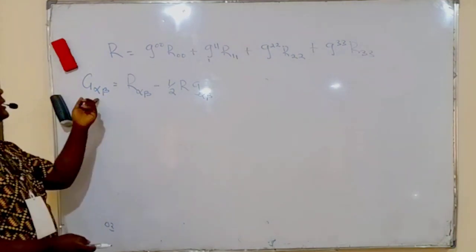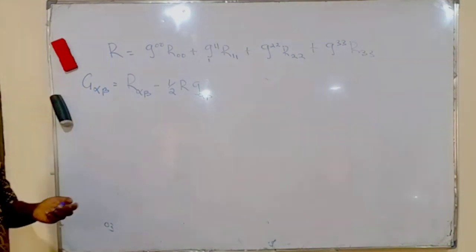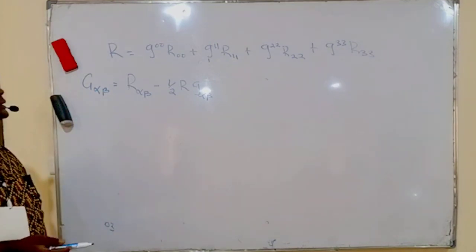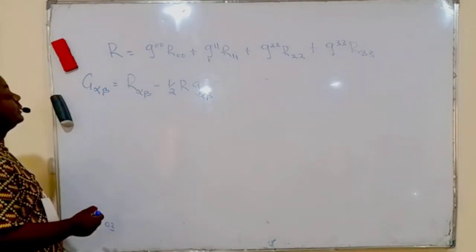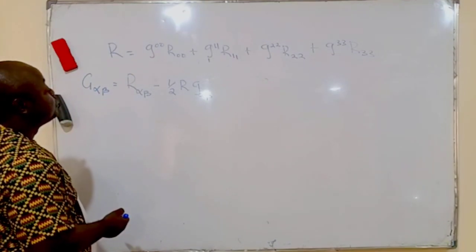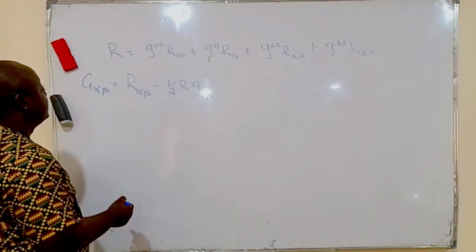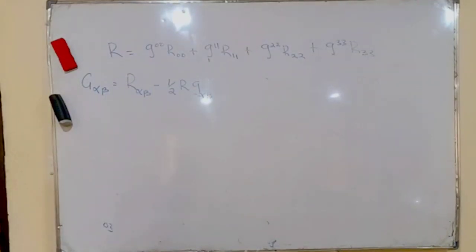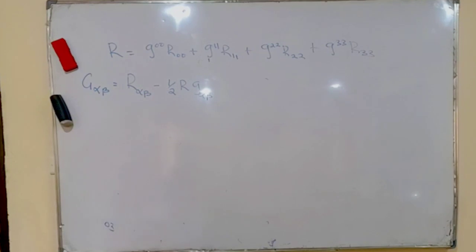Okay, and the Einstein tensor again will have 4 components. Is that not? It's going to have 4 components. So you can get the 4 components of the Einstein tensor.